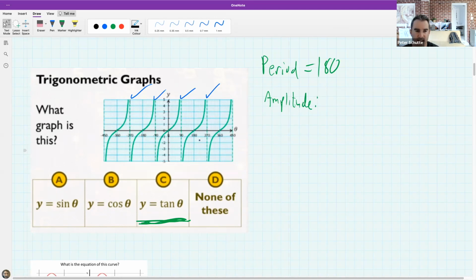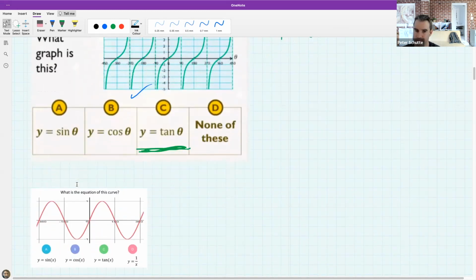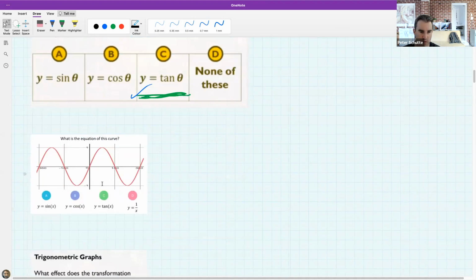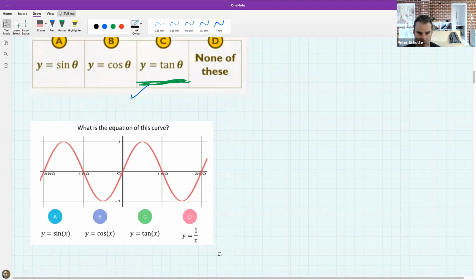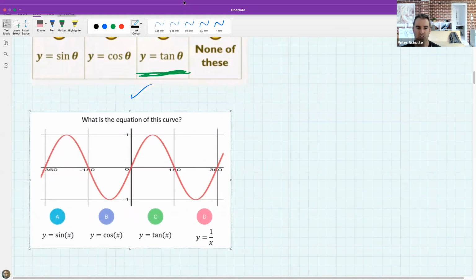Are there any other things that are different about the tan graph? Well, right now, that's actually fine for now. So let's move on. So what about this one? What is the equation of this curve?